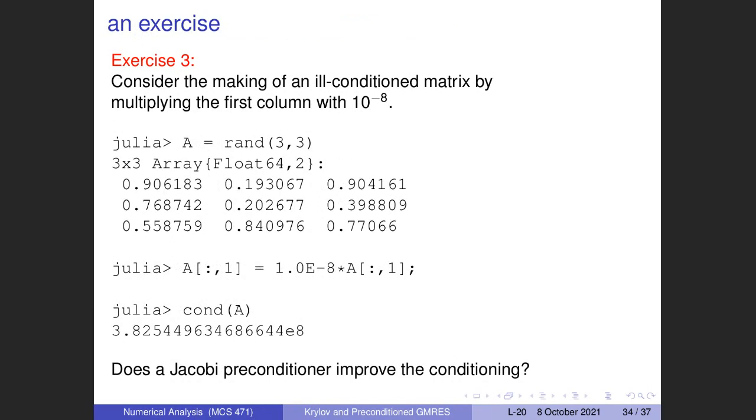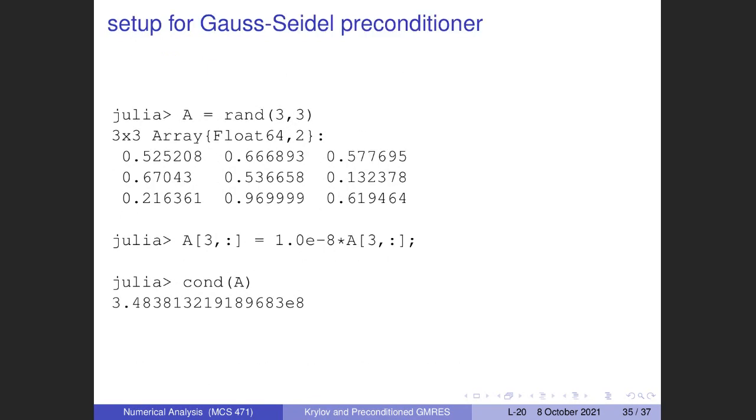I multiplied a row in the previous experiment. Let's do this with a column. If you do this, the condition number of A after multiplication actually grows.